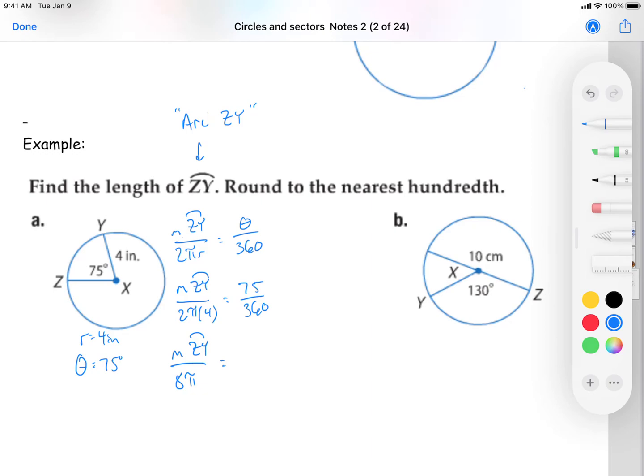No, I don't want a decimal right now. I want to try to keep it as fractions. It is going to equal 15 over 72.